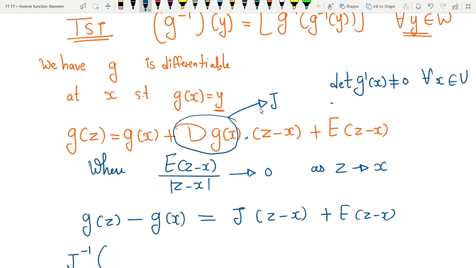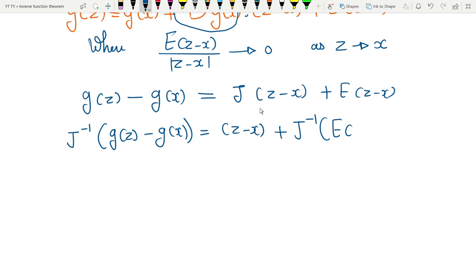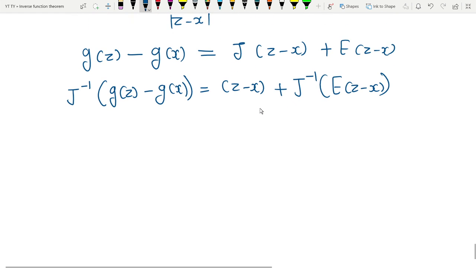This implies the determinant of J is not equal to 0, hence it is invertible. I multiply by the inverse on both sides, so I get G of z minus G of x is the same as z minus x plus J inverse of the error function at z minus x. So this is something that we found.